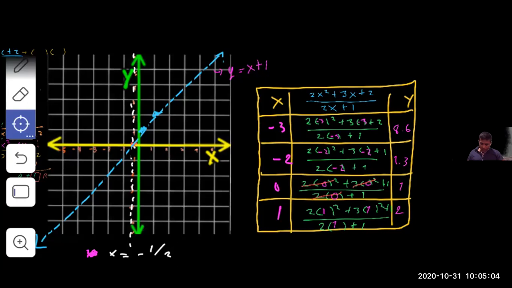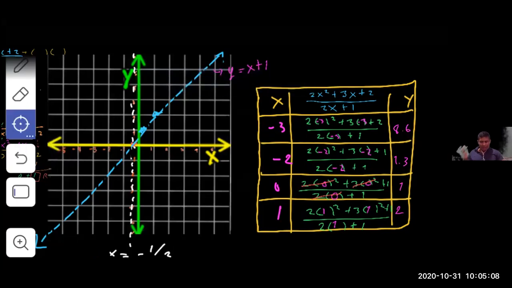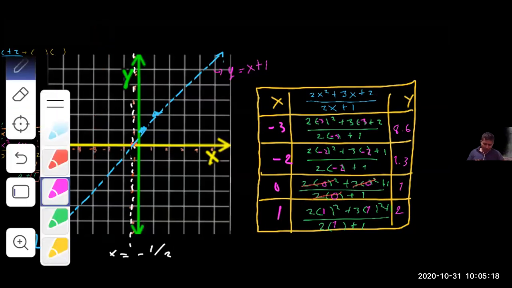Oh no, sorry, my mistake. I was using the negative side. 8.6 is going to be extremely up. I was taking the wrong side.